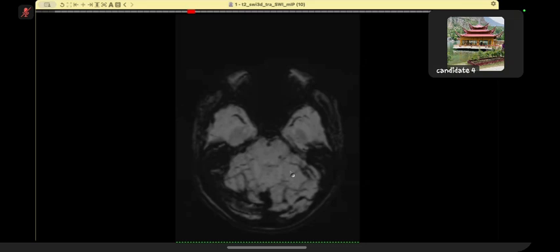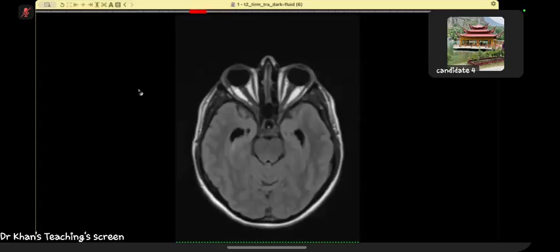I would like to take the history of the patient, and this is also an emergency finding. I would advise referring this case to neurosurgery and advise CSF analysis.